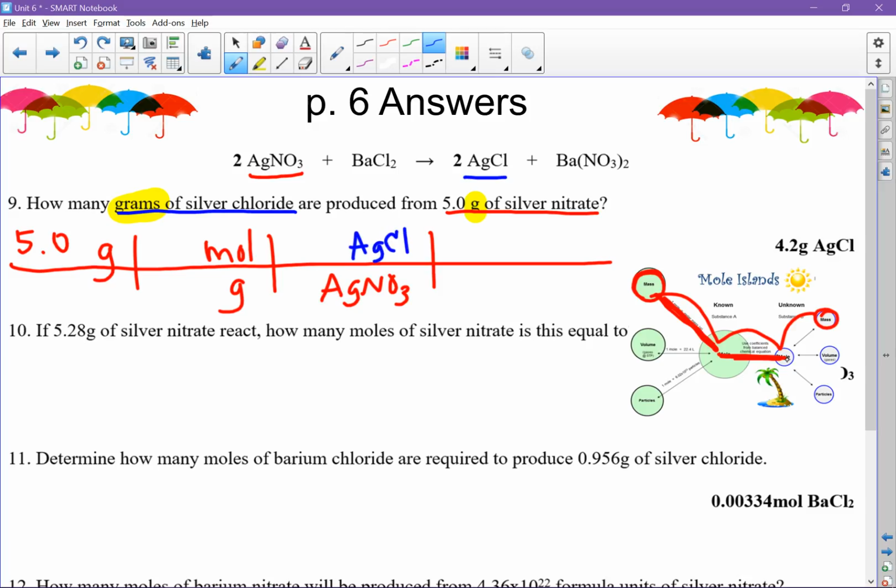Then you're going to do your next fence, and you're going to go from this mole up to mass. That means it's okay to write moles and grams again. I want grams, which means moles can go down, and then you just have to put all your numbers in. We write 1 with all the moles. When we've got these 2 different chemicals, use your coefficients. They both have 2's in front of them if you look at the reaction. For the grams, you're going to look at the chemicals next door.